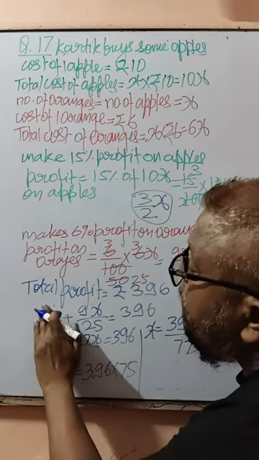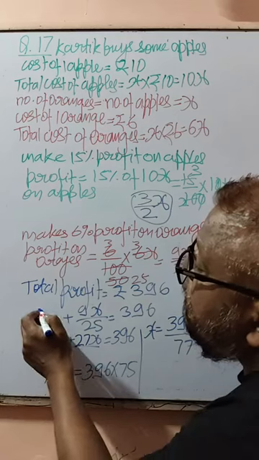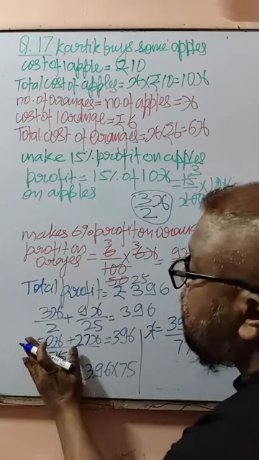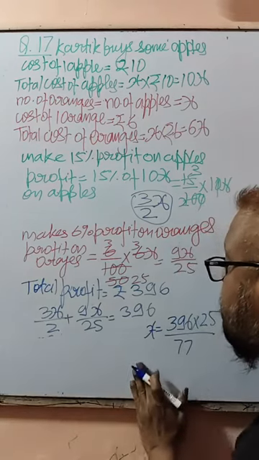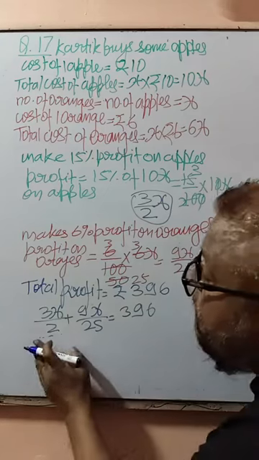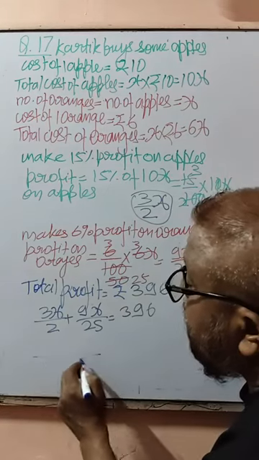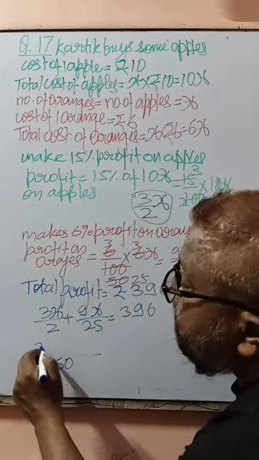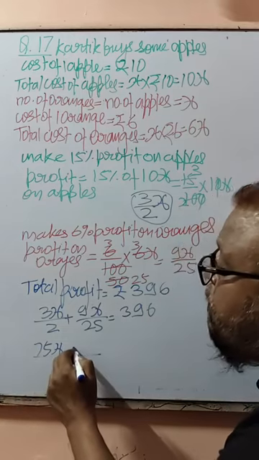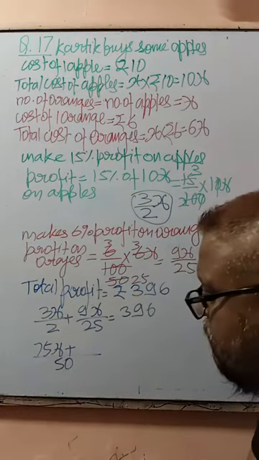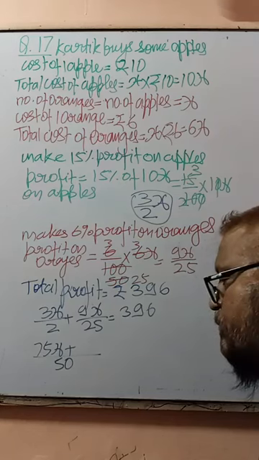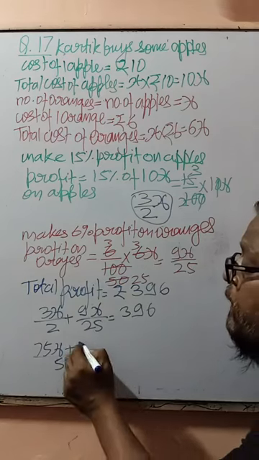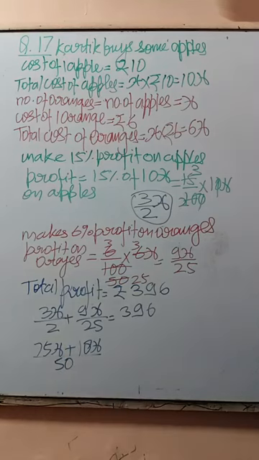Yes, sir. So here it will be 3x upon 2. So we'll change the scenario here. The whole scenario will be changed. It becomes 50, 25, 75x plus 18x, right?